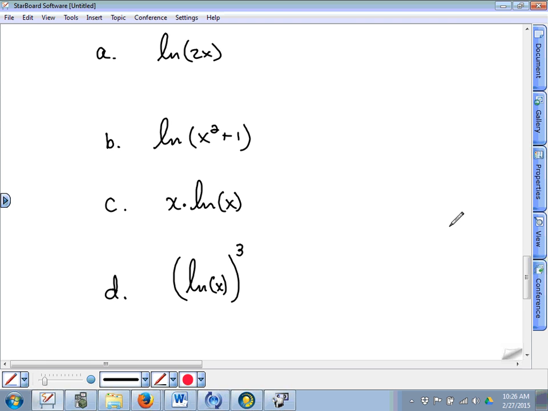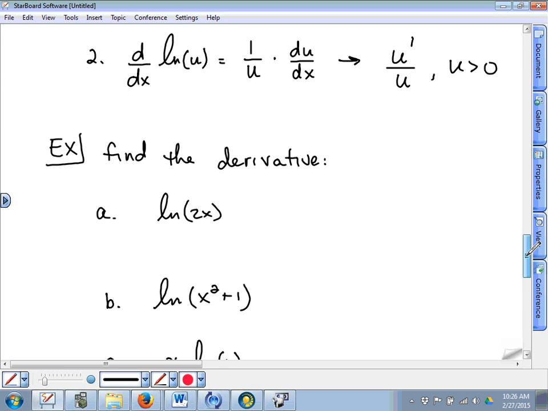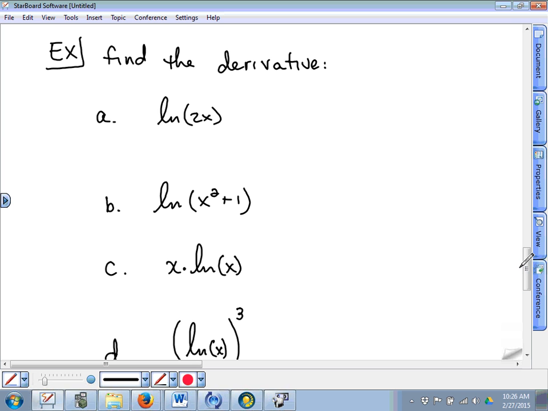So, would the derivative of ln u represent the derivative of the constant of the log? No, because u right here isn't representing a constant. U represents a function, like x squared plus 1, or 2x. Gotcha.